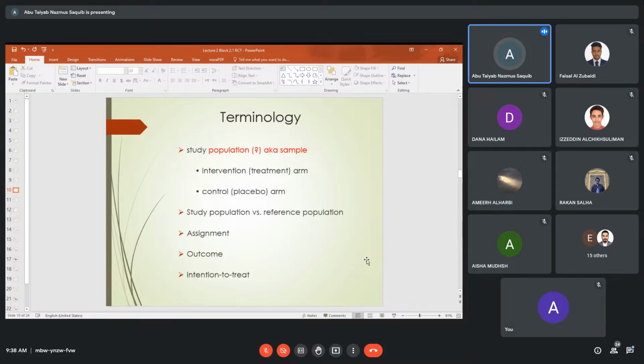It doesn't matter whether they took the medicine or not, or whether they disappeared from the study or not. They should be in the analytical sample. If that is the approach you take, it's called the intention to treat approach, and it is a better approach than excluding them. Why?